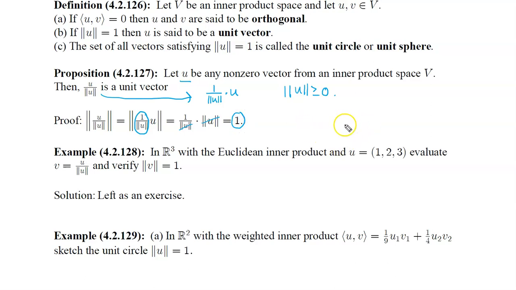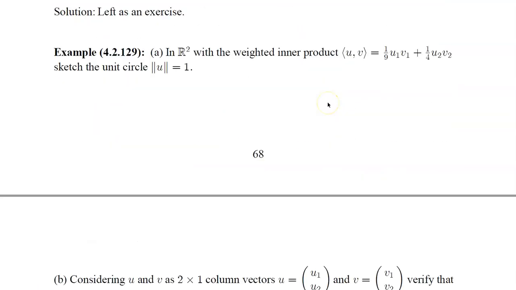All right. So here we have another example. I'll let you do that as an exercise. Let's take a look at this one right here. So in R2, with this weighted inner product right here, let's sketch what the unit circle would look like.